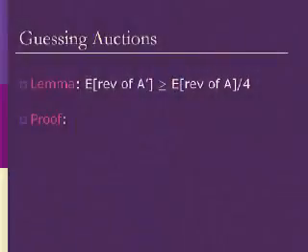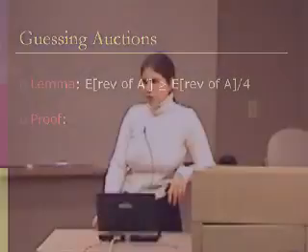So I offer the largest power of 2 that fits into p_i with high probability. And then with probabilities that are slightly decreasing, I offer slightly higher prices. So in expectation, I should be doing well here. And the lemma we can prove is that the expected revenue of this guessing auction is at least a quarter of the expected revenue of the randomized auction.